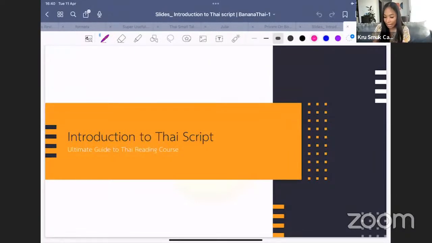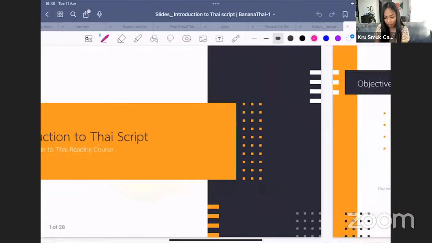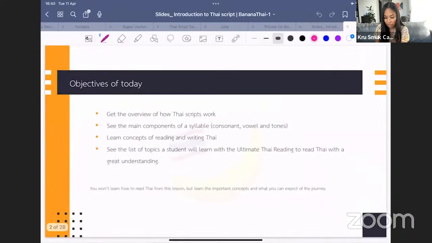So let's get started with the introduction to Thai script. Here you go. You will see the overview of how Thai script works and the main components of a syllable. All of these components are the main topics that you have to master to read Thai. Learn the concept of reading and writing, basic concepts though.